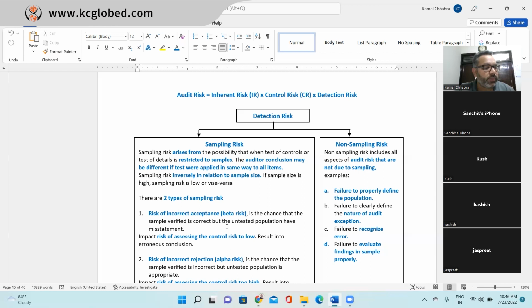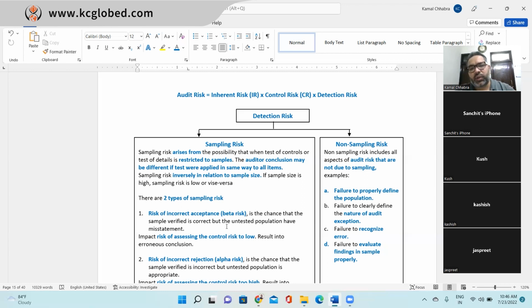If the difference between the actual amount and the amount in the system is more than tolerable error, then that is considered an exception, right? Yes or no? Yes, sir. So if you have not properly defined the exception, then it is a non-sampling risk.